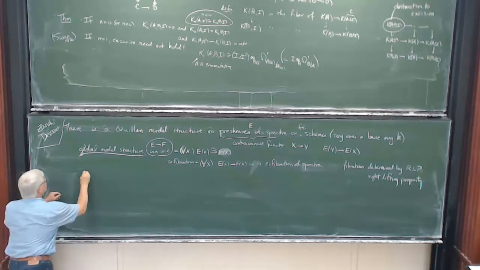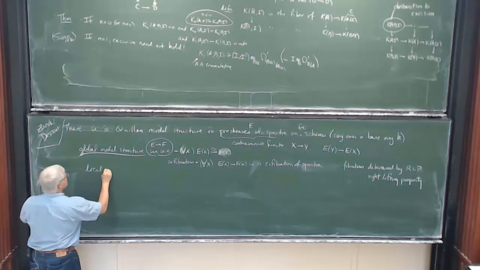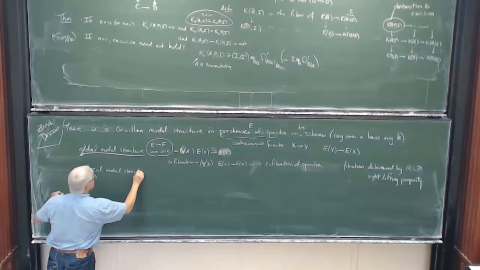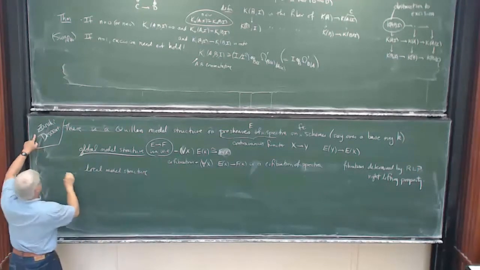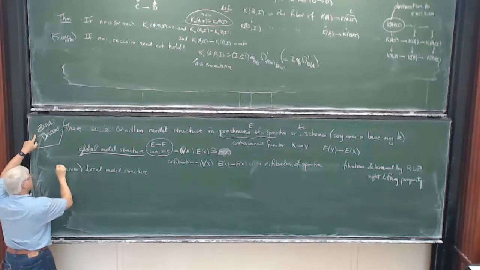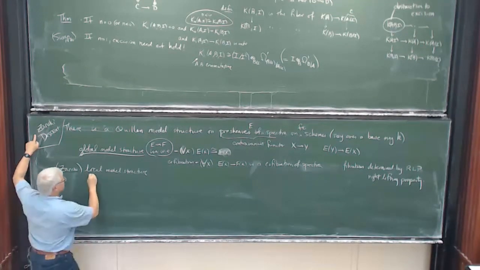Okay, there's also the local model structure. And because this is about Zariski, this is the Zariski local model structure.